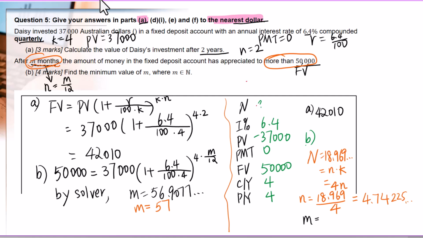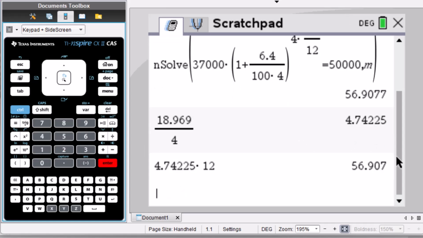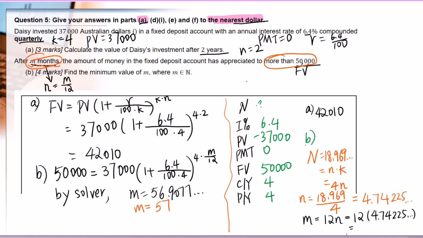So this N times 12 equals 12 times 4.74225. Enter. We got the same answer as the compound interest formula.